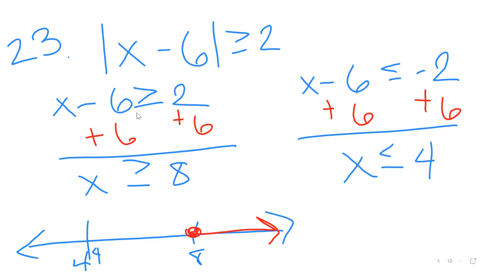Then we're less than or equal to 4. We were greater than or equal to 8, but less than or equal to 4. So that's going to be a solid dot on our 4 and going left. That's a solid dot, by the way, on both of those, going left.